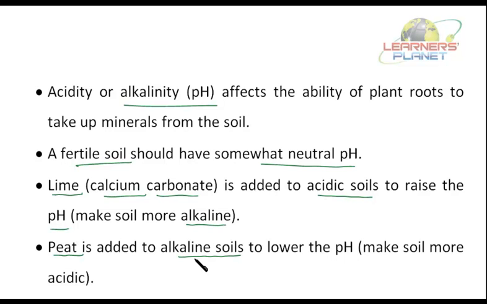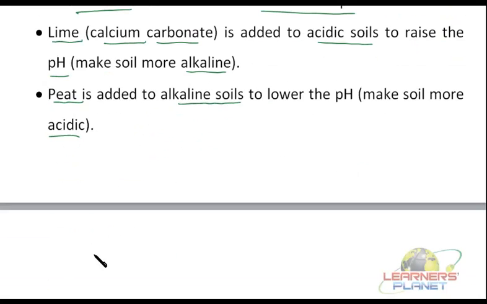So soil will become more acidic. So in this way, we can make soil more alkaline or more acidic. And crops which grow with more alkalinity will grow in such soils, and the crops which grow with more acidity will grow in these types of soils.